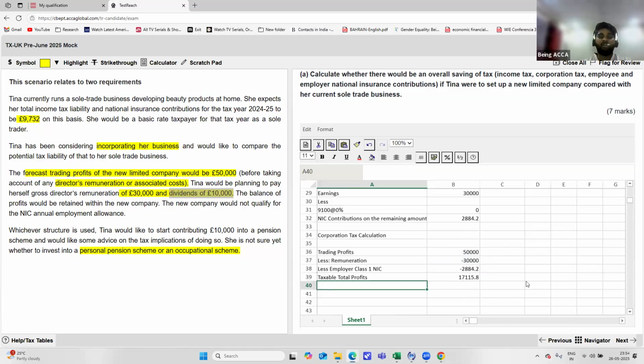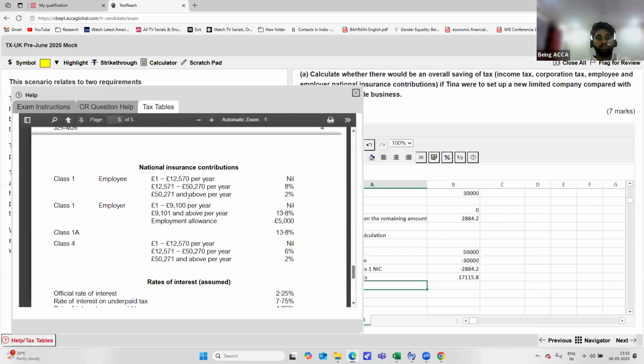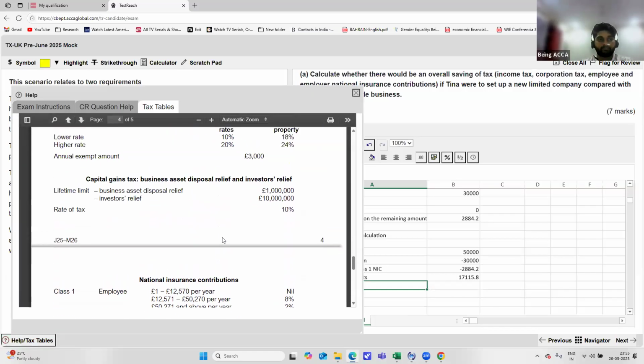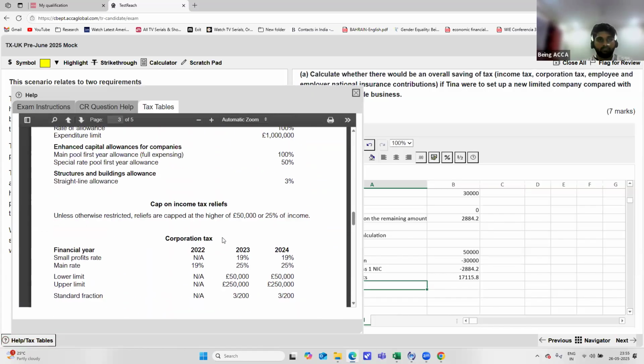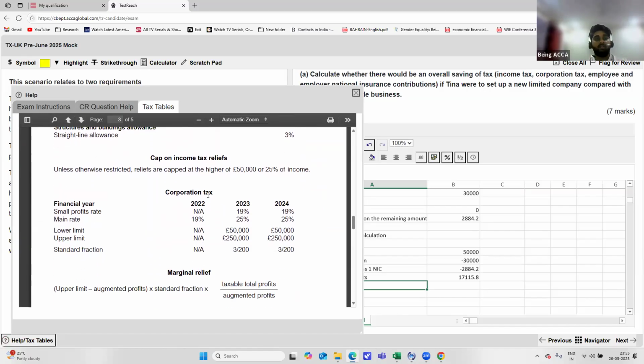Now, since corporation tax has upper limits, lower limits and all of those, it's always better to check at what rate she will be taxed. The corporation tax will be charged on Tina's new limited company that she plans to form. Here we can see the small profit rate is 19% for the year and the main rate is 25%.